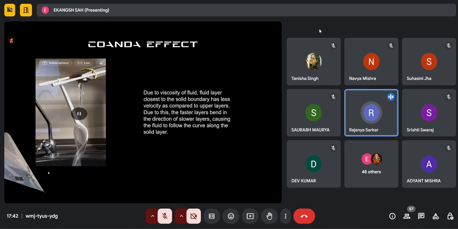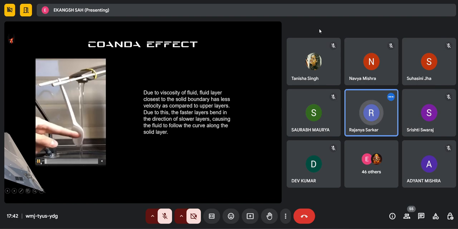When air comes in contact with the curved surface of the airfoil, the velocity of the lowermost layer gets slowed down. But as we move away from the surface of the wing, the velocity keeps increasing. As a result, the air gets bent down along the surface of the wing. This phenomenon is basically due to the adhesive forces between the fluid particles and the solid surface.